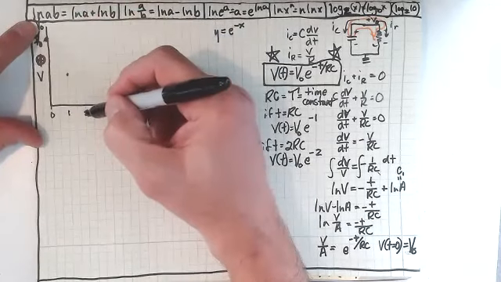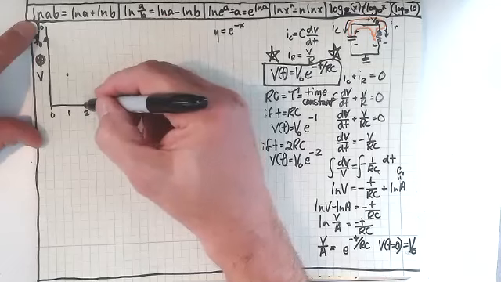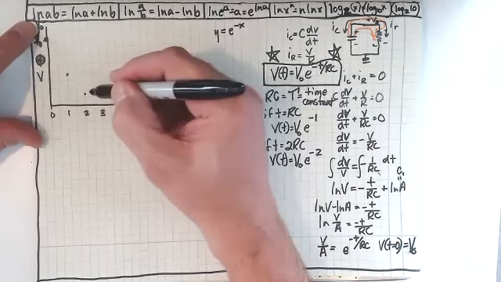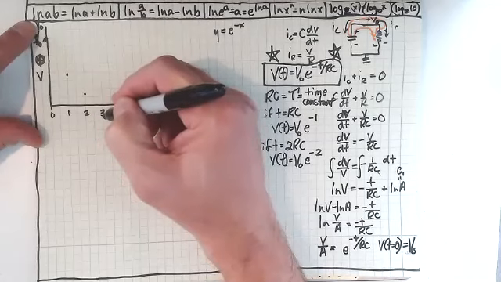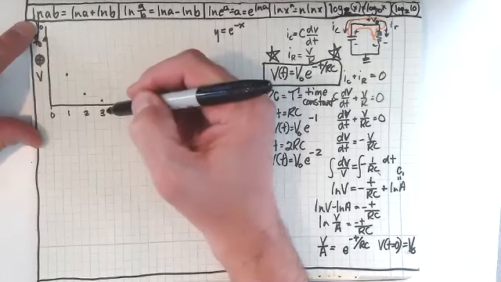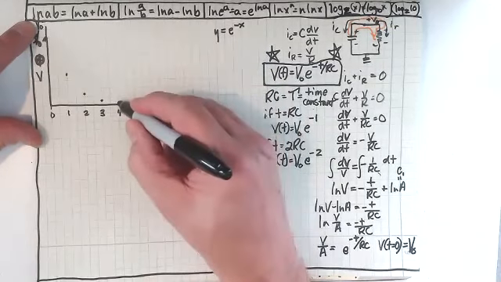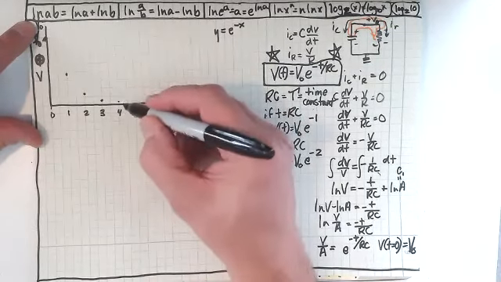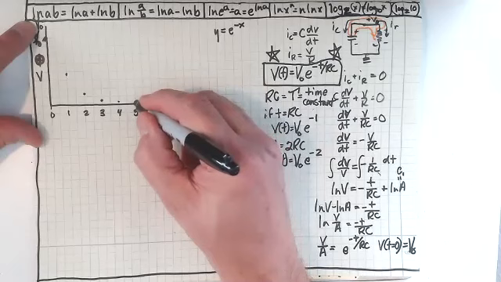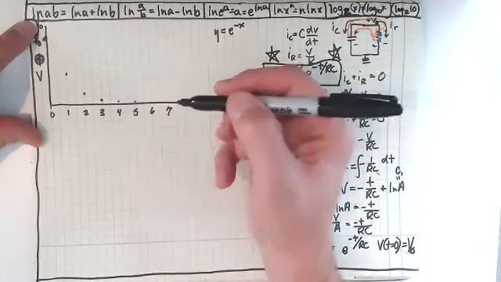Let's plot another point. I want 13.5 right about there. And at 3, it is 5%, so right about there. At 4, it's 2%. And at 5, it is 0.6 of a percent.